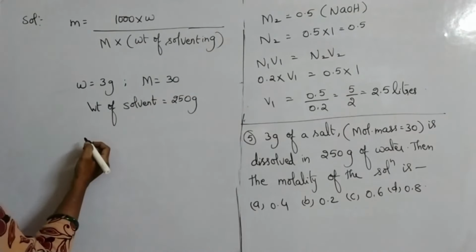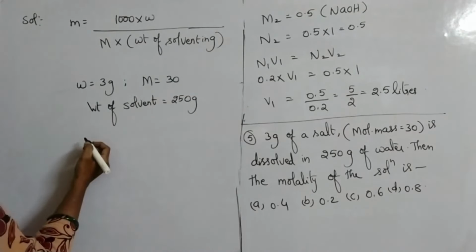M is equal to 1000 into 3 by molar mass 30 into weight of the solvent 250. So the zeros get cancelled, here also the zeros get cancelled, 3 and 3 get cancelled, 10 by 25 is left.